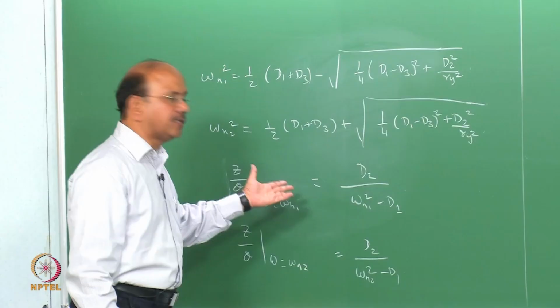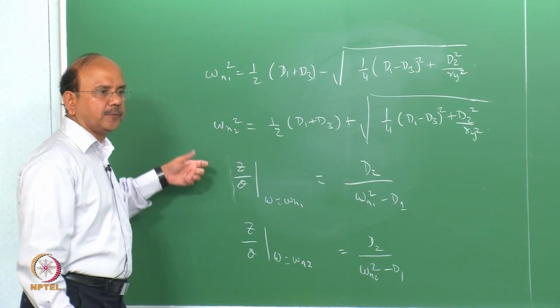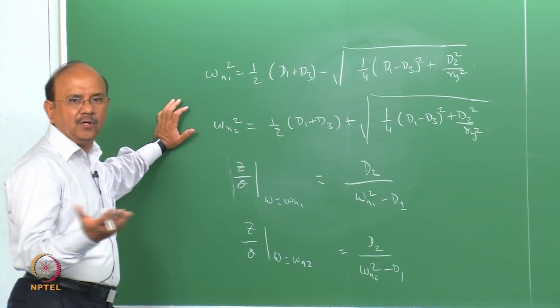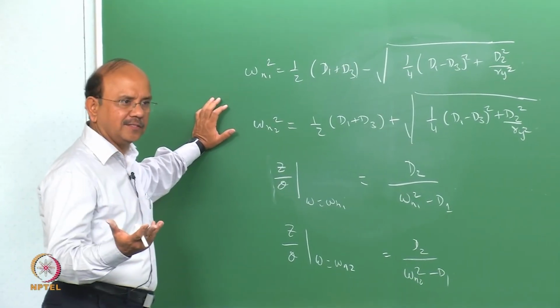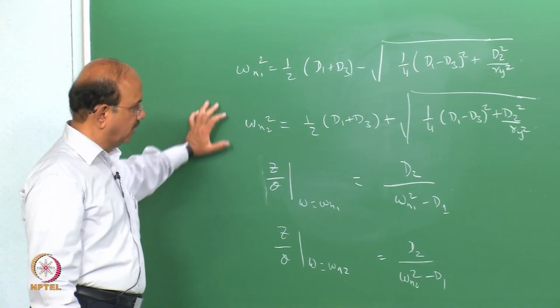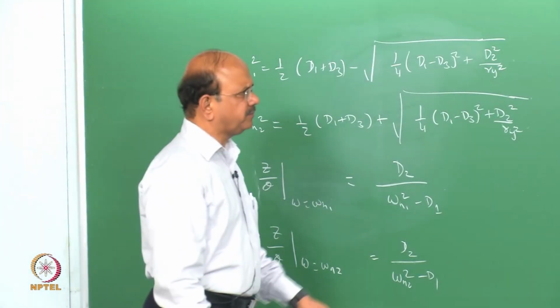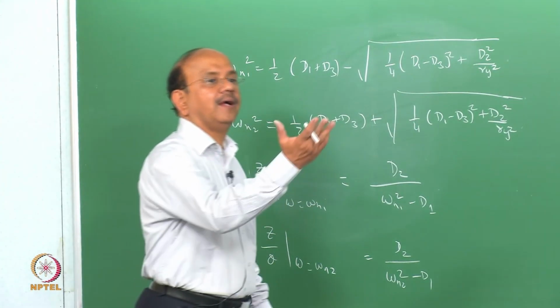From this, I've already written down the mode shape. I've substituted. This is a very standard 2 degree of freedom problem. All of you have done this in your vibration course. I'm not going to repeat it. So how do I find this out? Z by theta is the radius. Exactly.